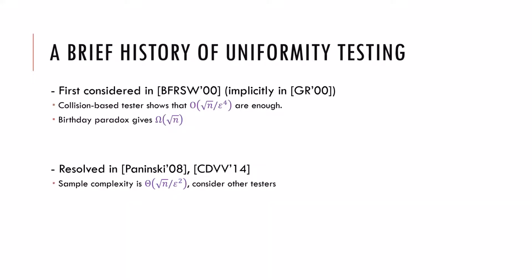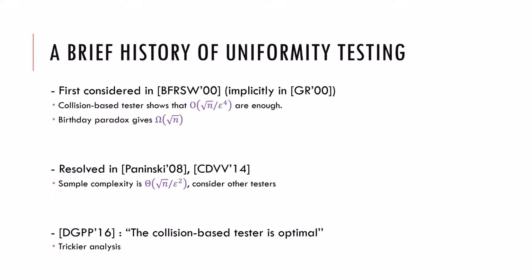And the paper 6 years later by Chan, Diakonikolas, Valiant, and Valiant also used a different tester to show that this is indeed the right sample complexity for the entire range of possible values for epsilon. Another paper that I would like to mention is by Diakonikolas, Gouleakis, Peebles, and Price from 2016 that actually shows that the original tester, the collision-based tester, is optimal. So using square root of n over epsilon squared samples and performing the collision-based tester would work.